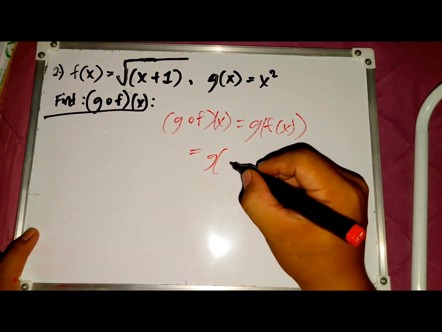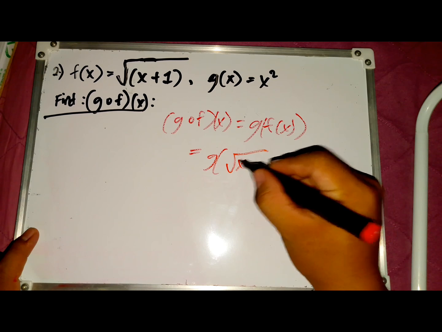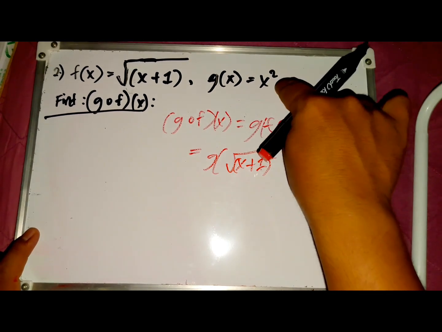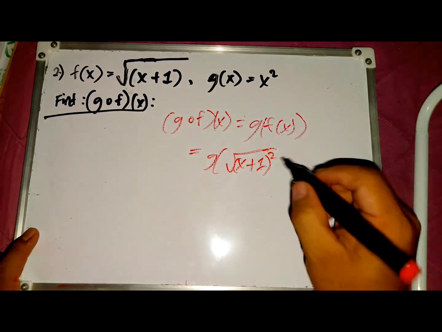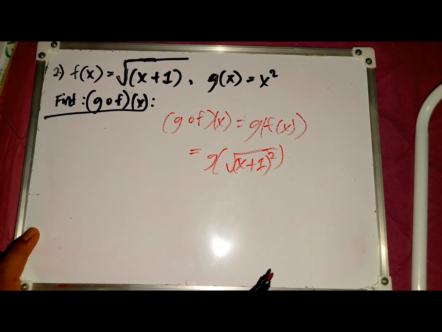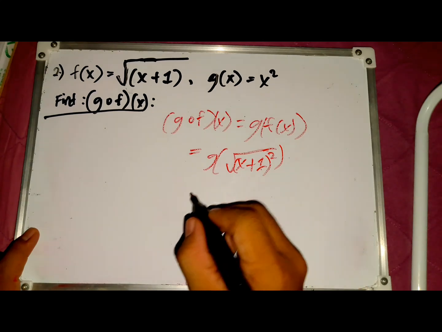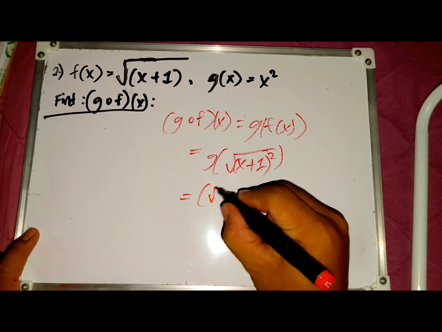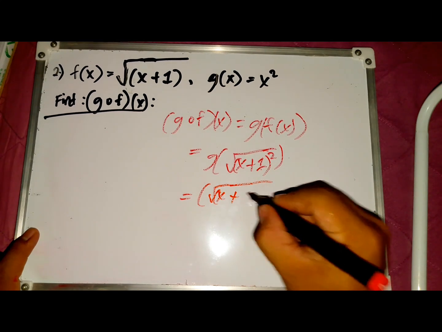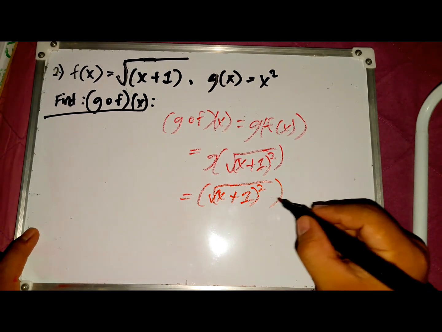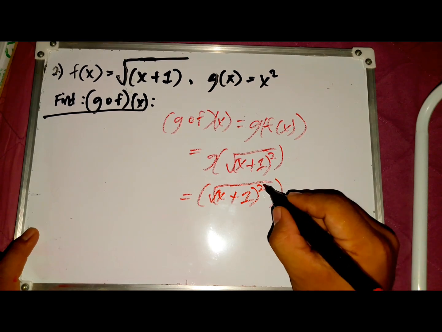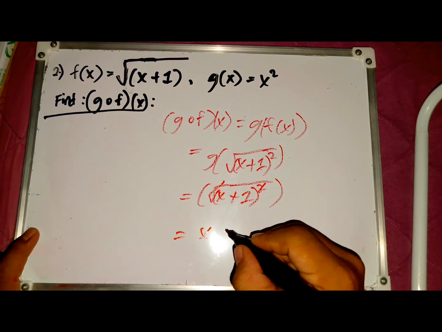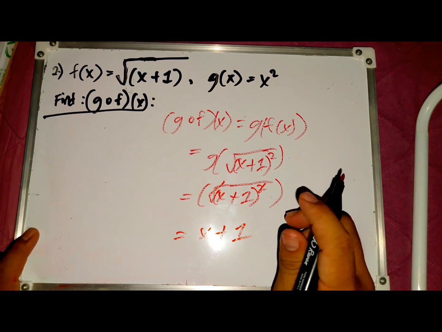So it becomes square root of x plus 1, squared. Next, we simplify it: x plus 1 squared, then cancel the squared, so it becomes x plus 1.